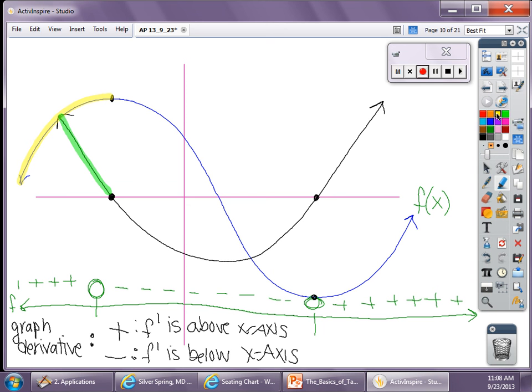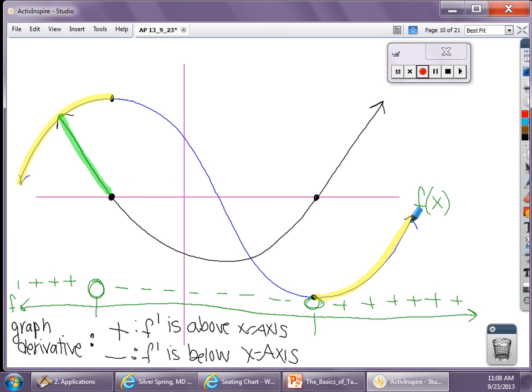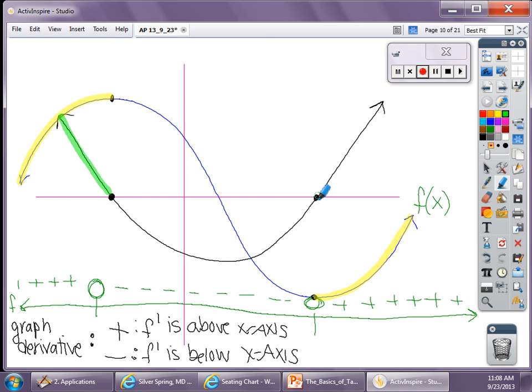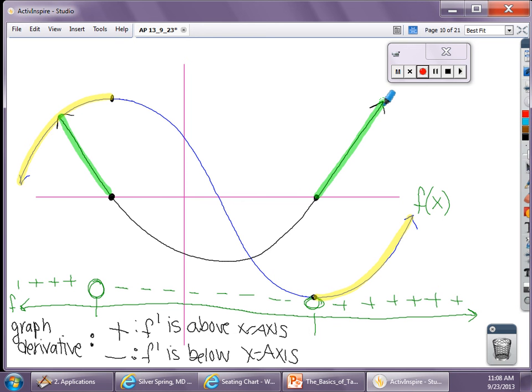So anytime my graph of blue, f of x, increases, then my graph of f prime should be positive. Does that make sense? Ty, we good? We good? Kind of.